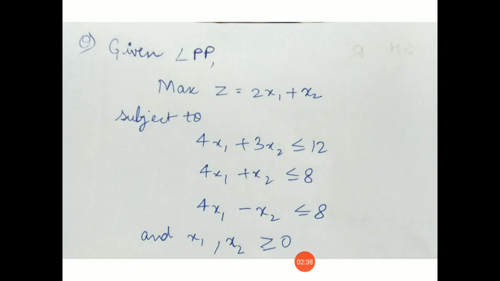The variables which are already present in the linear programming problem are called non-basic variables, and the variables which we introduce in the question, like slack variables or surplus variables that we designate using s1, s2, s3, will be called basic variables. So this is the modification. Kindly make this modification in your previous lectures also.